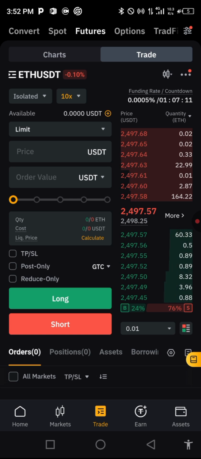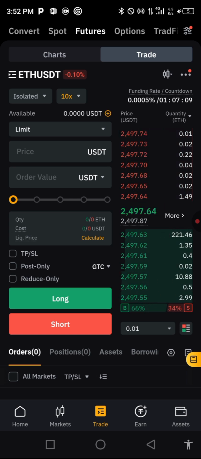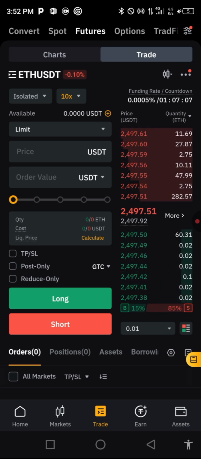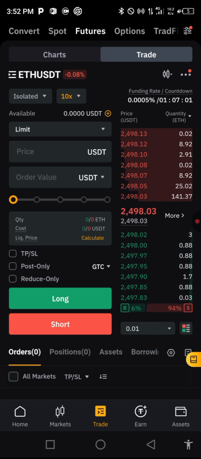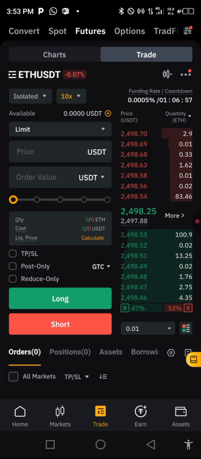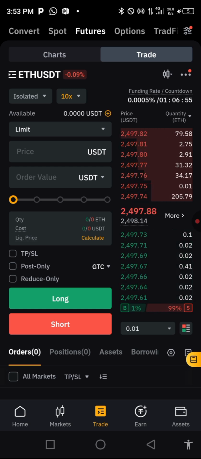If I'm using isolated, it simply means if I place a trade and the trade goes against me and I lose my money, it will not be more than that $100 that I used to place that trade. Please take note of this.